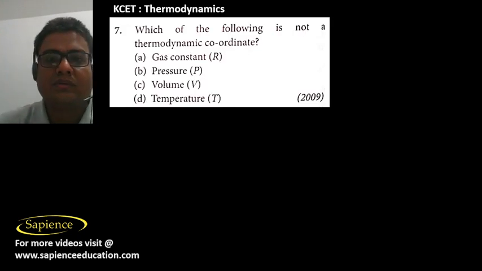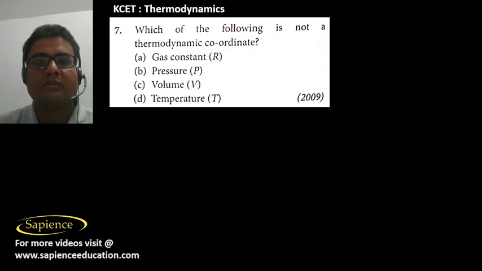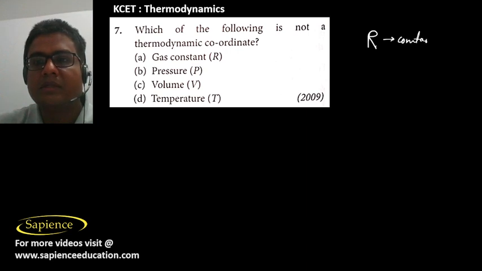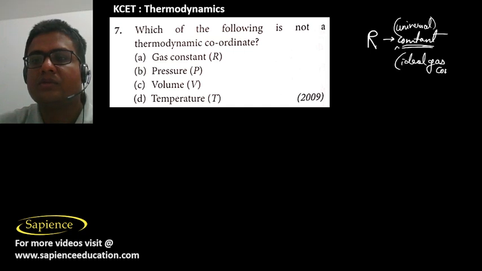Then it is asked, which of the following is not a thermodynamic coordinate? Now we know that the ideal gas constant R is a universal constant, whose value will not change for any ideal gas.